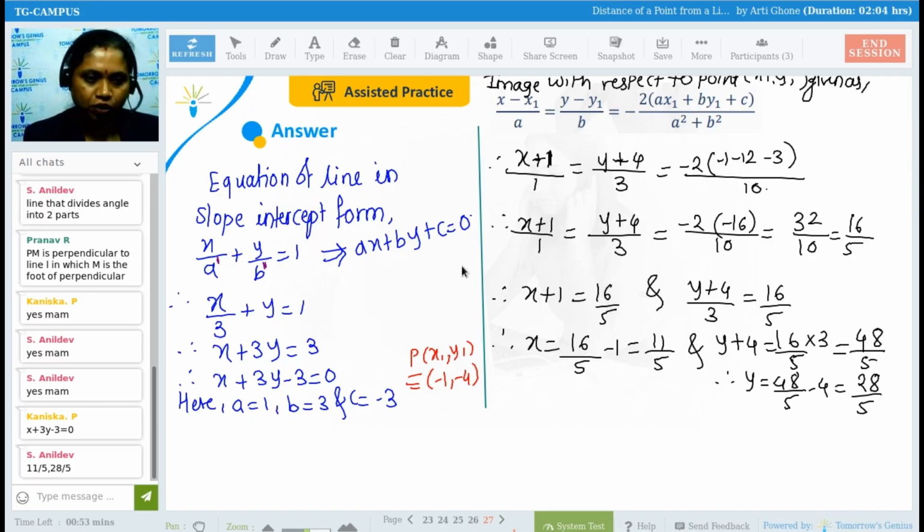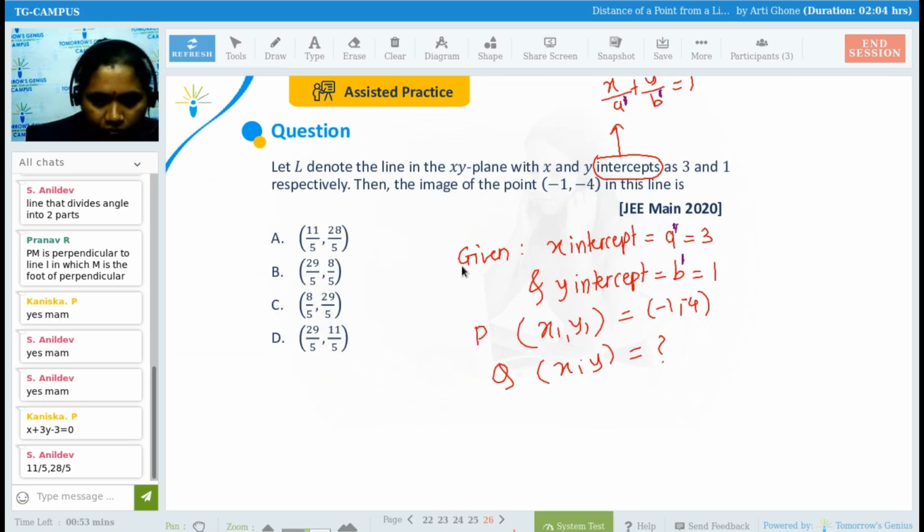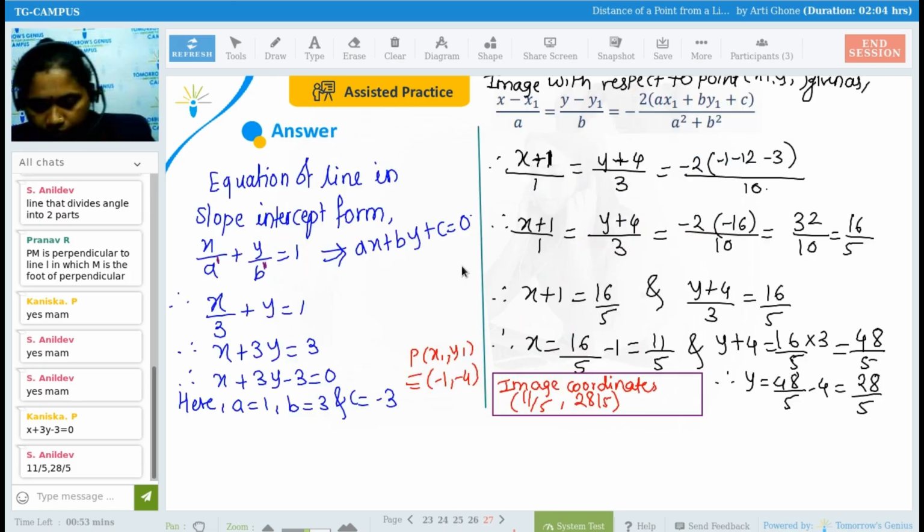Yes, Anil Dev, very good. So 11 by 5 and 28 by 5 are the correct answers. Clear? Is how to use the image formula clear? So here 11 by 5, 28 by 5, option A is correct. Clear?